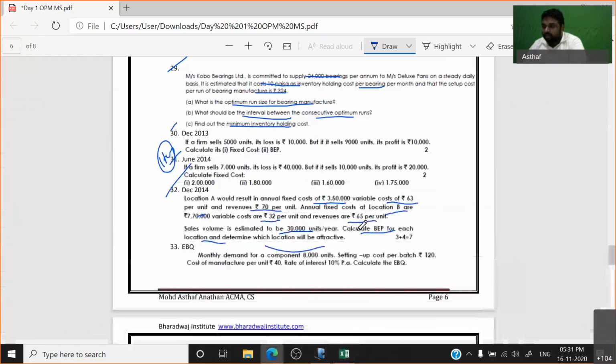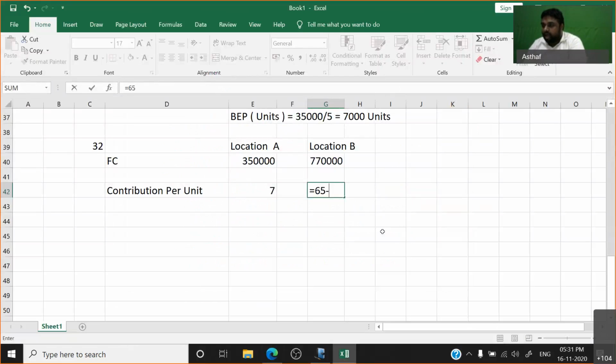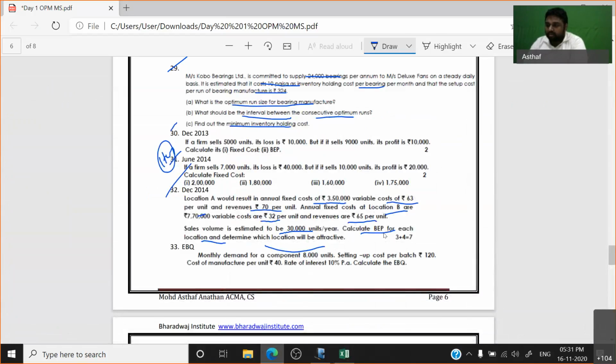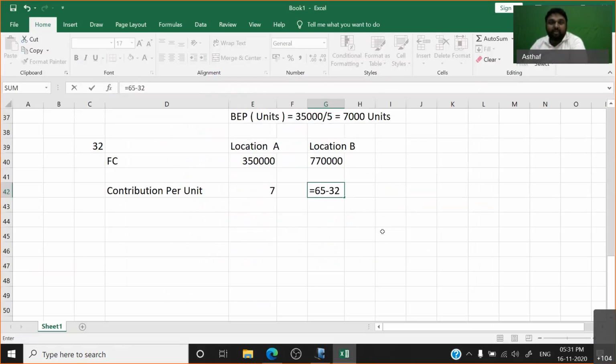Here 65 is the revenue and the variable cost is what? 32. 65 minus 32.